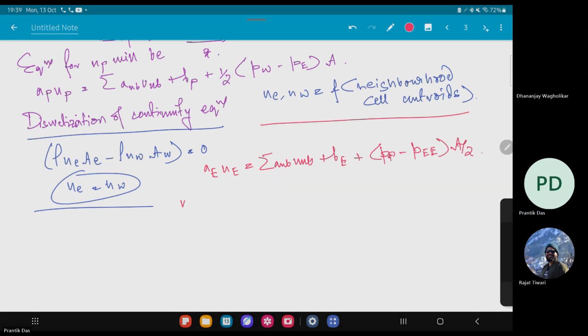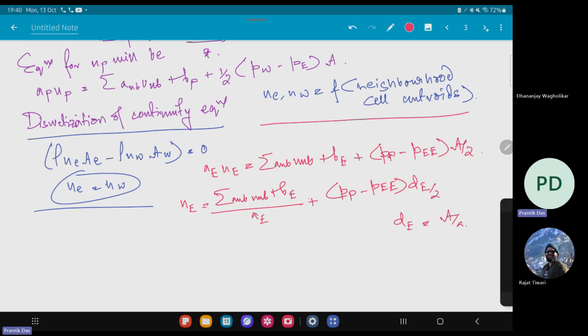So UE is equal to ANB UNB plus BE divided by AE plus half of PP minus PEE multiplied by DE, where D is the area of cross section divided by the east cell coefficient. Similarly, UP is equal to ANB UNB plus BP divided by AP plus half of PW minus PE multiplied by DP.